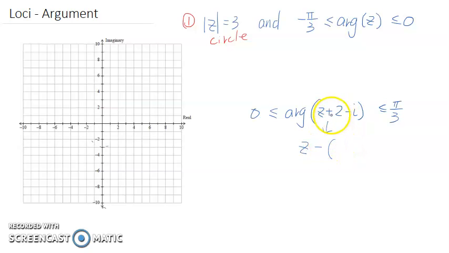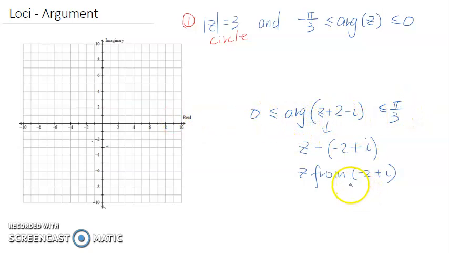Because I want a positive, this 2 needs to be negative 2, since negative negative becomes positive 2, and we have positive i inside. If I expand the bracket, I get exactly the same thing, which is z plus 2 take away i. So this is saying z from where? From negative 2 plus i, this complex number, and the angle is between 0 and pi on 3.